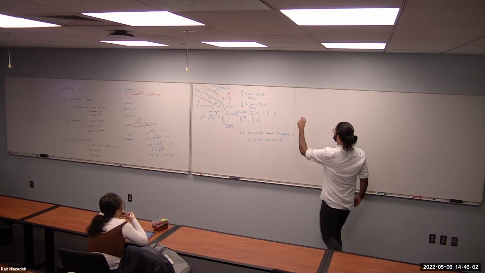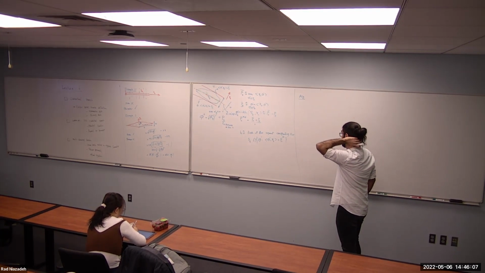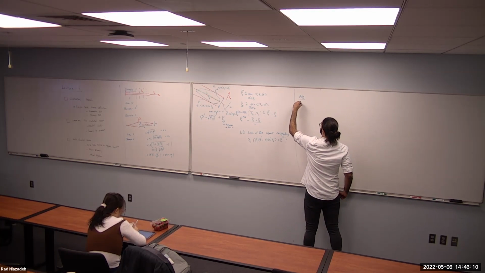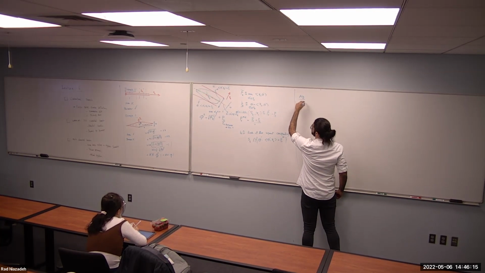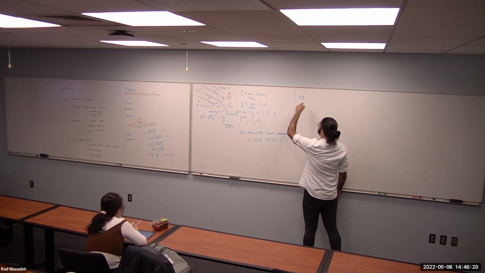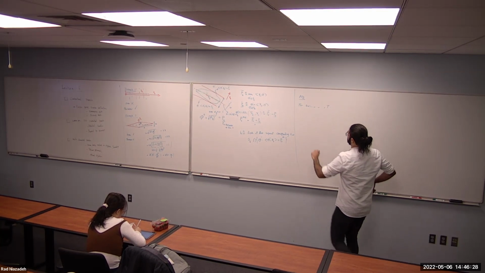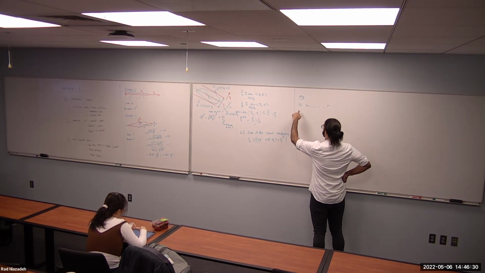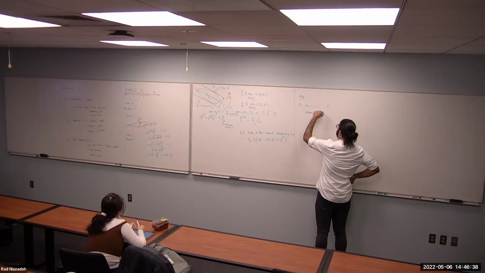So, what is the algorithm? Let me just write down what we do in each round. For t equal to 1 to capital T, the adversary reveals the context.